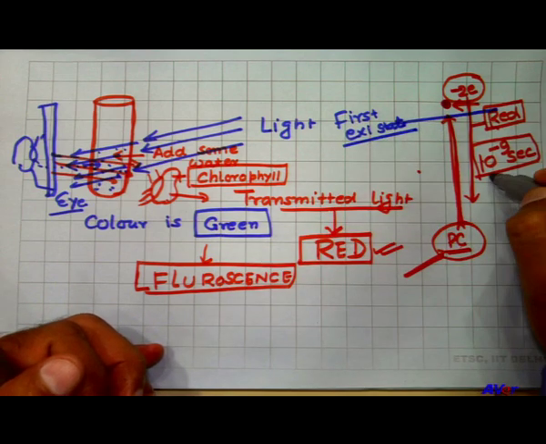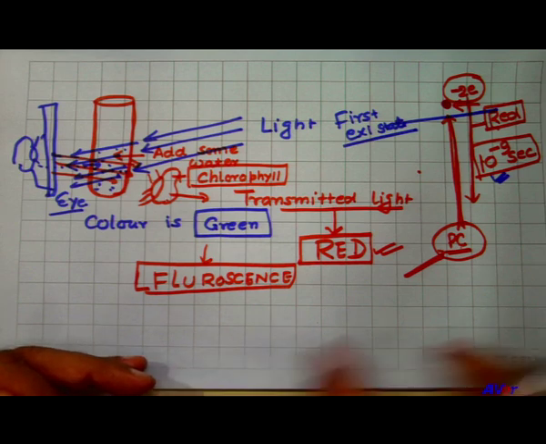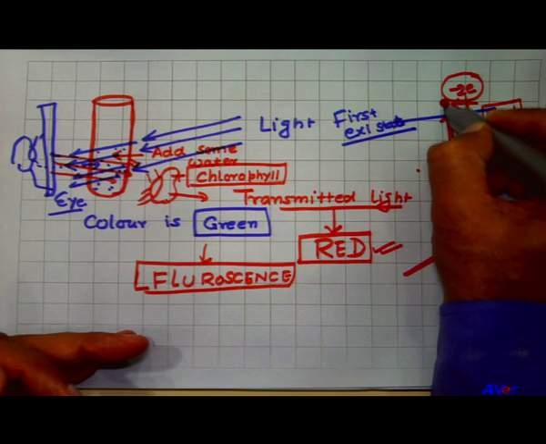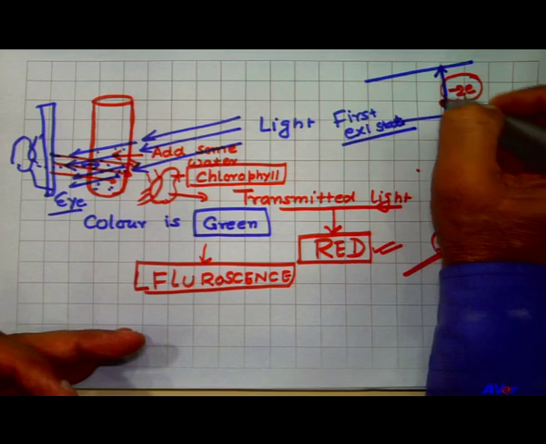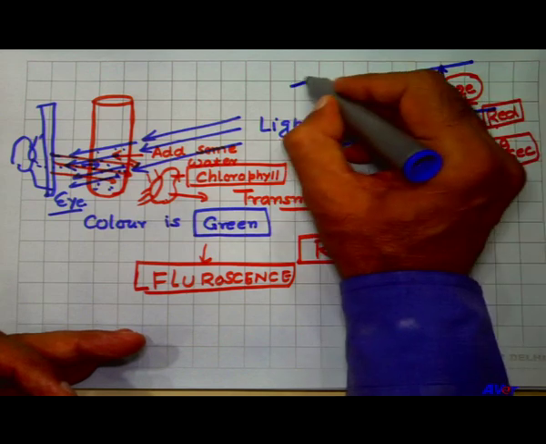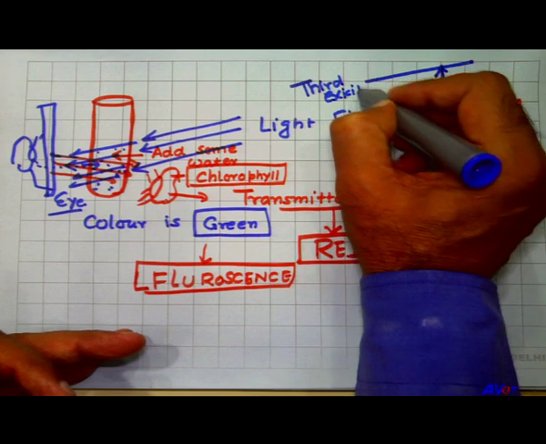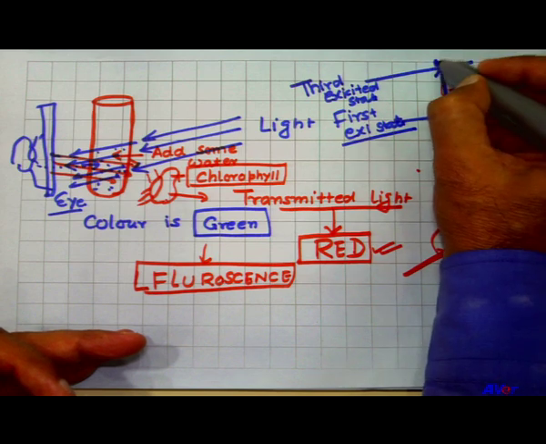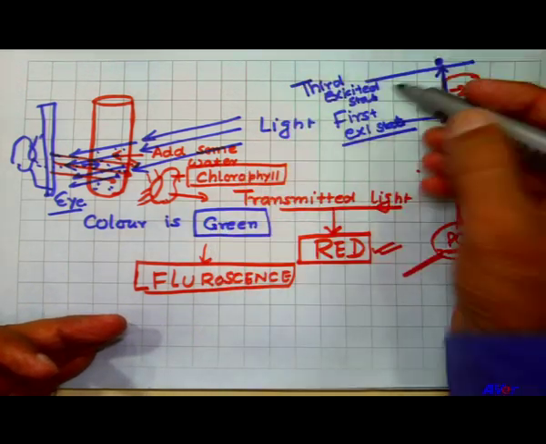Its time duration is 10 to the power minus 9 second. When its time is more, it goes to another excited state, that is called the third excited state. And in the third excited state, it changes its spin.